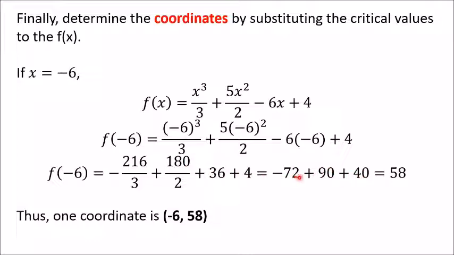And then add negative 72 plus 90 plus 40 equals 58. So meaning our y value is 58. So, one coordinate is when x is negative 6, y is 58, or f of x is 58. So this is our first coordinate, negative 6 and 58.